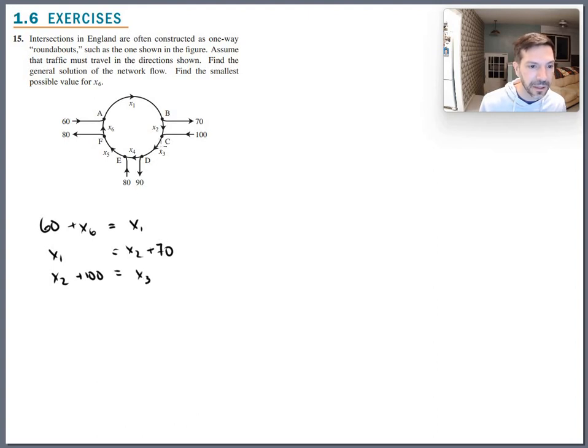For D, coming in is x3, going out of D is 90 and also x4. Going into E is x4 and 80, and going out of E is just x5.